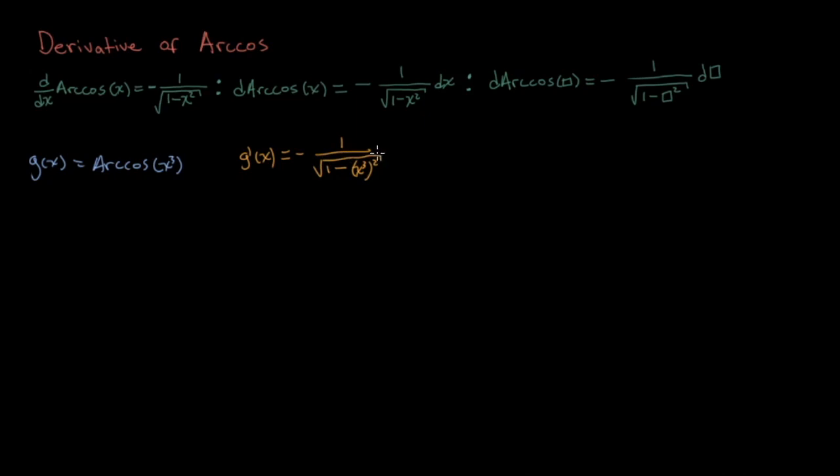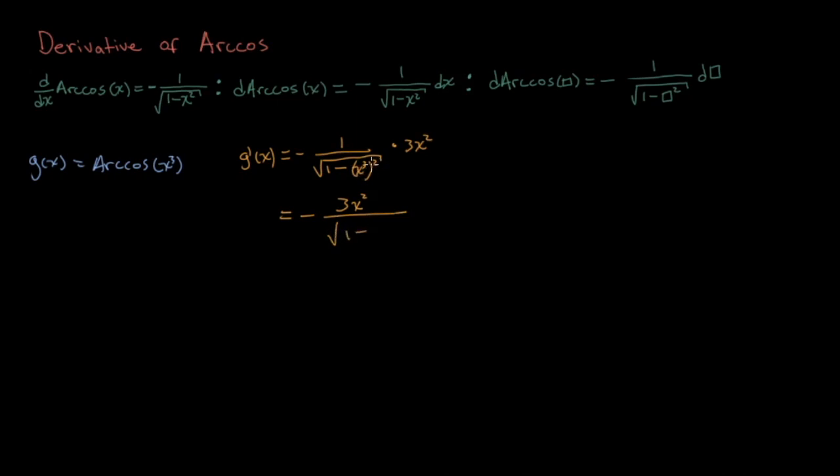But we're not done yet, because we're going to multiply it by the derivative of whatever this term is here. So we know from our power rule that the derivative of x cubed is 3 times x to the power of 2. From here we can simplify our expression, and we can write negative 3x squared over the square root of 1 minus.